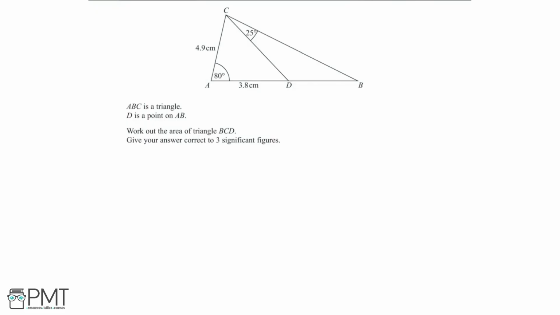In this question, we're told that ABC is a triangle, and D is a point on AB. We need to work out the area of triangle BCD, giving our answer correct to 3 significant figures.